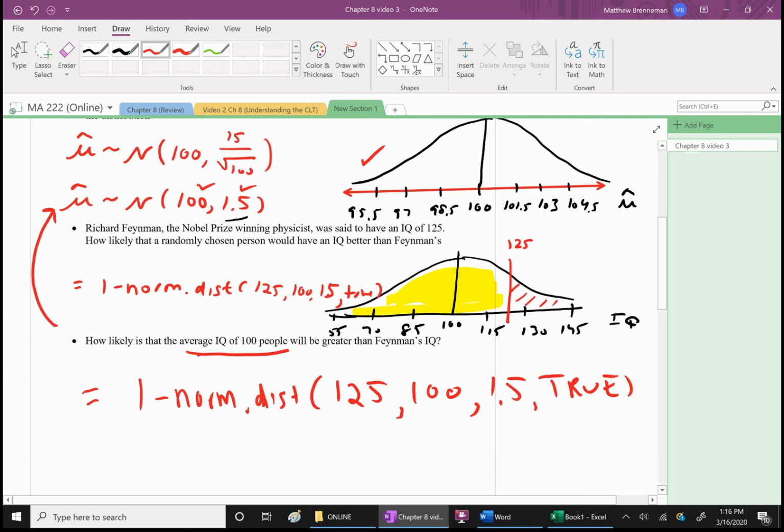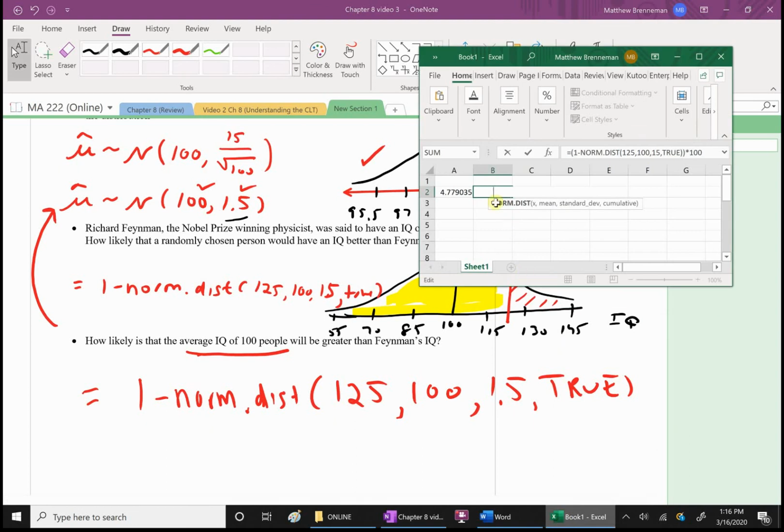And when we do this in Excel, we're going to see the number is incredibly small, and it's going to basically be 0. So I'm going to go back up here, and all I'm going to do is change 15 to 1.5, and you'll see what I mean. It's not actually 0, but it's so small that it's practically 0.